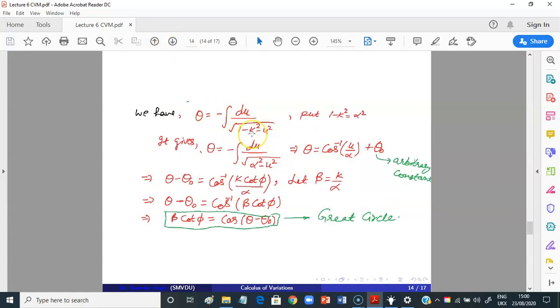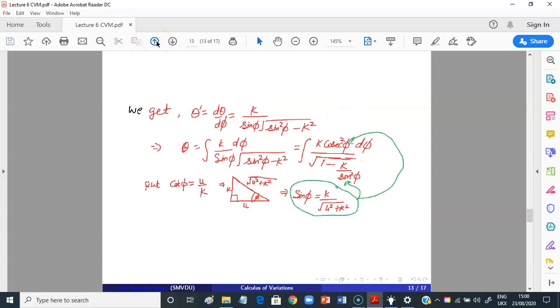Further, k is again a constant quantity, so 1 minus k square, we put it as alpha square. And then theta becomes minus du by the square root of alpha square minus u square. When you integrate, theta equals cos inverse u by alpha plus an arbitrary constant theta naught. So theta minus theta naught equals this quantity, because you already know u is k cot phi.